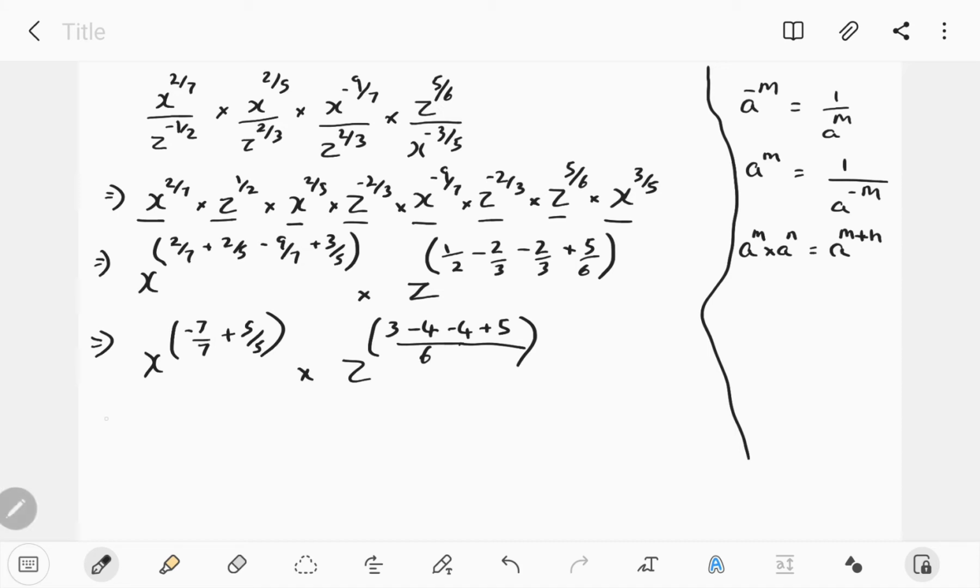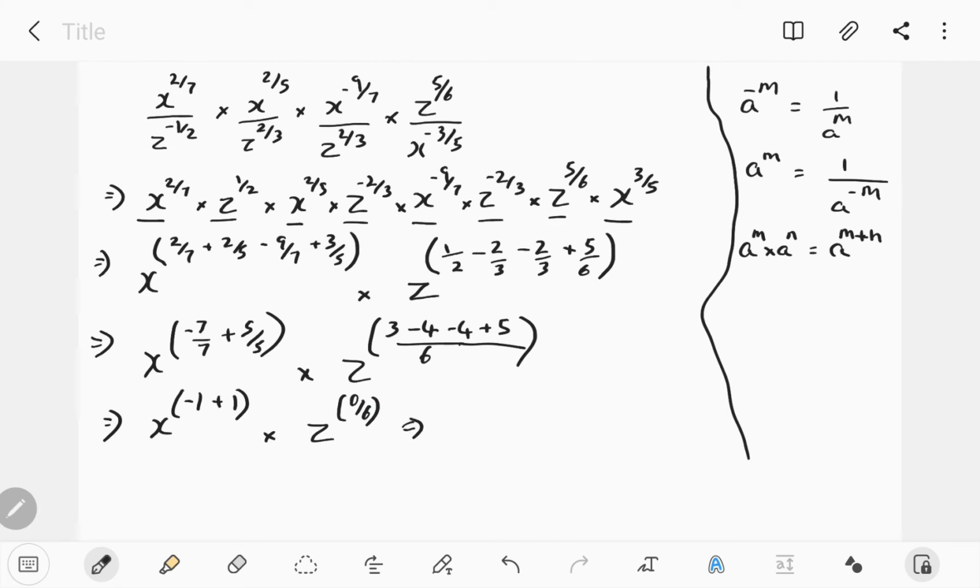Now I can very well see here I'm getting minus 7 by 7 is minus 1, plus 5 by 5 is plus 1, and multiplied by z raised to the power of 3 minus 4 minus 4 plus 5, which would yield me 0, 0 by 6.